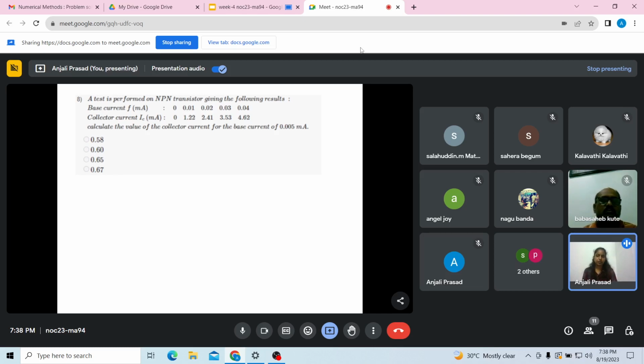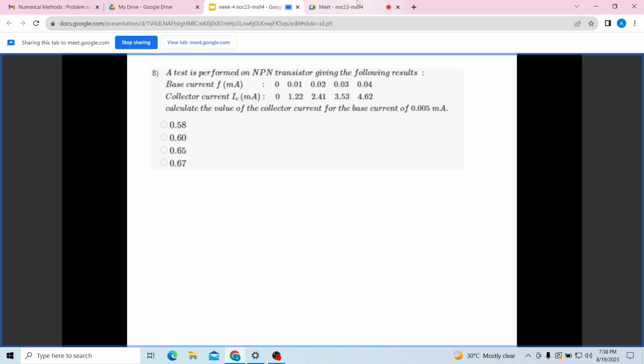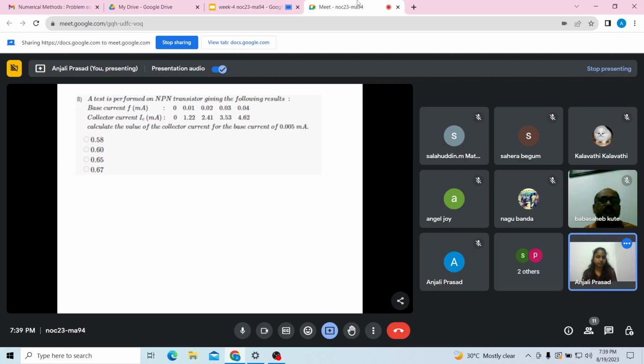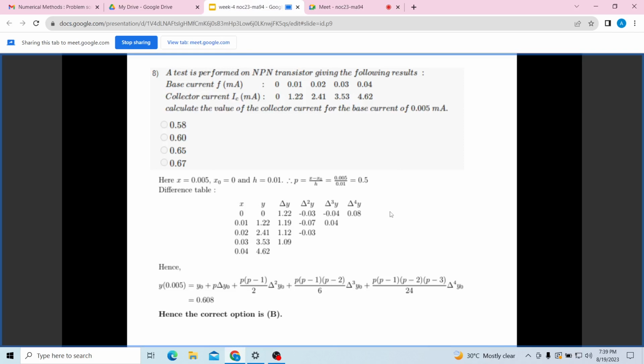Just apply the Newton forward interpolation formula. So you will get the option as B. The correct option is B, 0.660. Here we are using the forward difference interpolation formula.